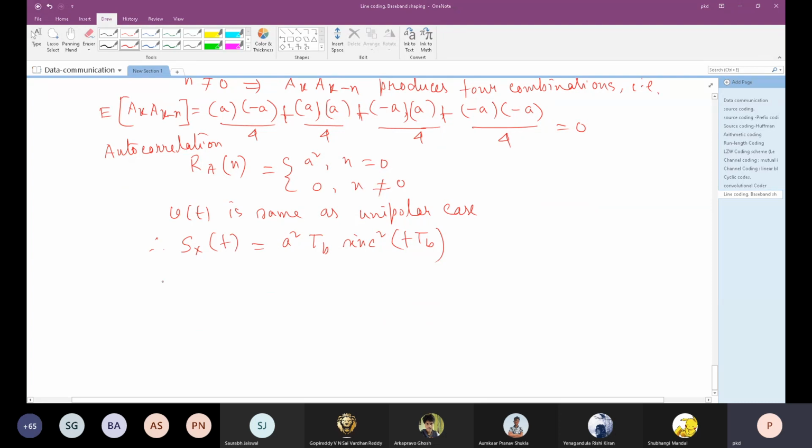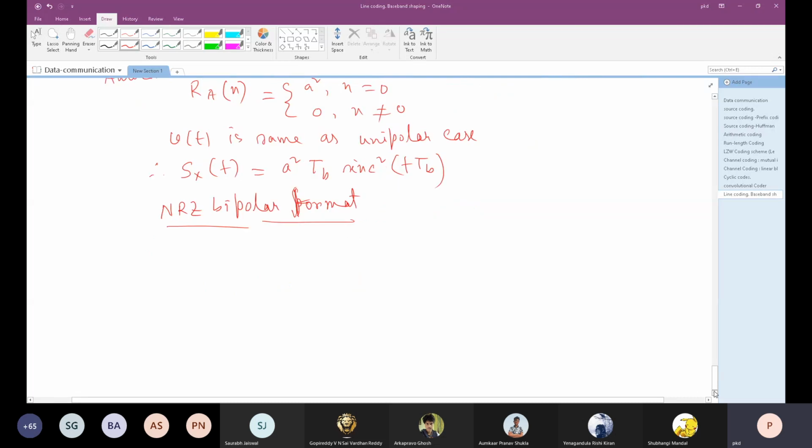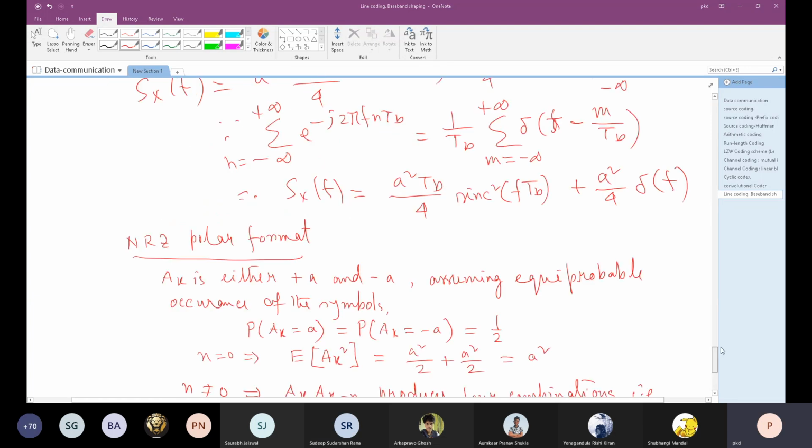Now, if we go to the bipolar format. How is v(t) the same as in the unipolar case? Because this is the same rectangular pulse we are using.